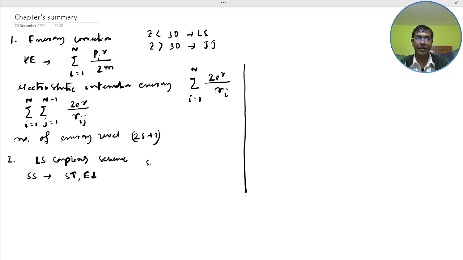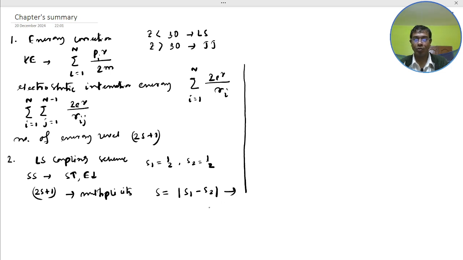So for spin S1 half and S2 half, the multiplicity is 2S plus 1, and S goes from mod S1 minus S2 to mod S1 plus S2, and this is the total spin angular momentum.